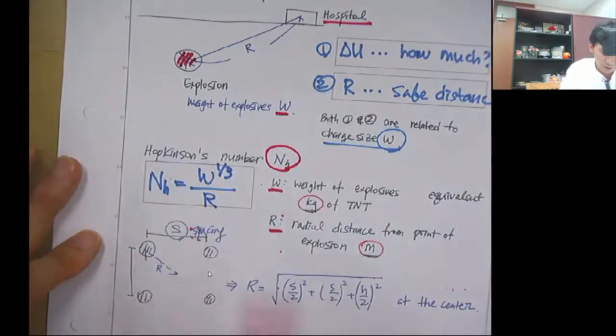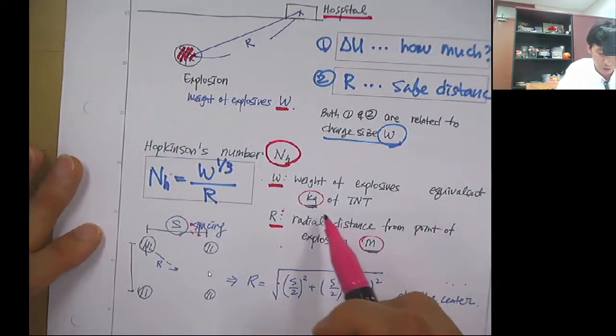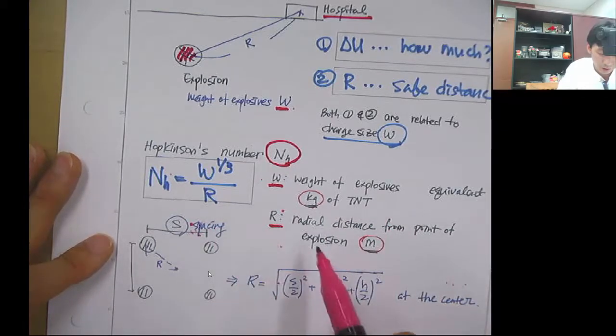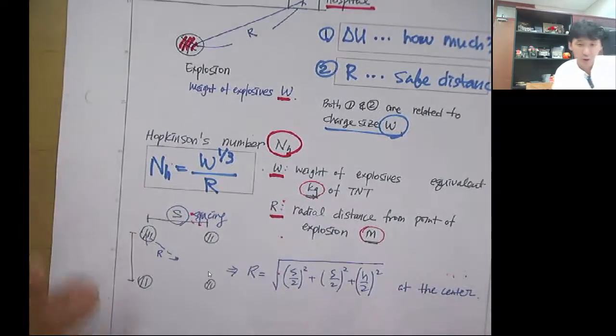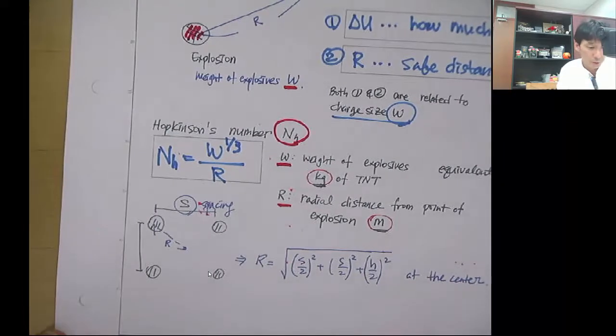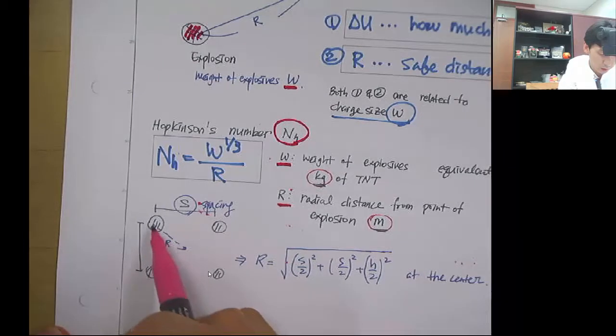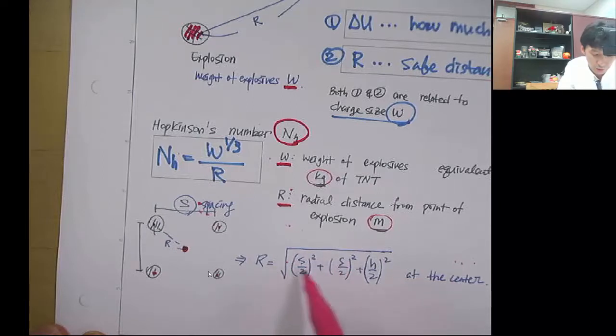Here W is the weight of explosive equivalent to kilograms of TNT, and R is the radial distance from the point of explosion. So when you apply this explosive in the explosion-induced compaction in a grid pattern, say the ground surface at the center of this grid pattern, here R will be the square root of half of S squared plus half of S squared plus half of H squared.